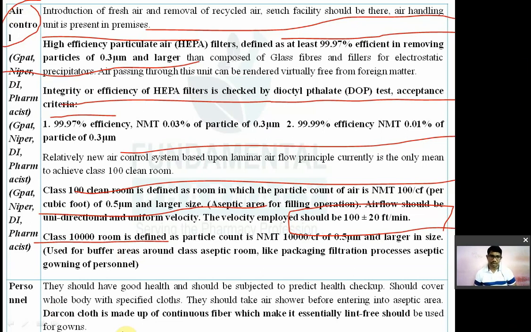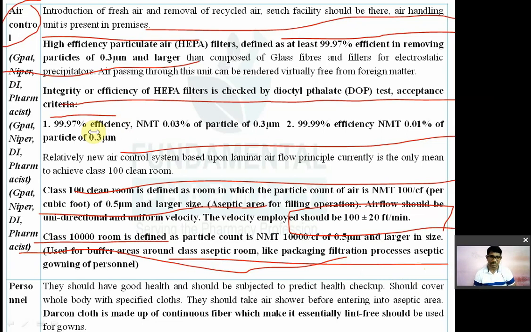Class 10,000 area is known as a buffer area and it is used for the operations before process, aseptic gowning of personnel. जैसे आपको गाउनिंग करना है, जैसे कपड़े चेंज करना है, क्लास 10,000 एरिया में करेंगे, उसके बाद में aseptic एरिया में जाएंगे. मान लीजिए कि आपको कुछ इनिशियल प्रिपरेशन करना है, so in filling करना है, so that can be done in class 1000 area. So we will see it in an upcoming slide.